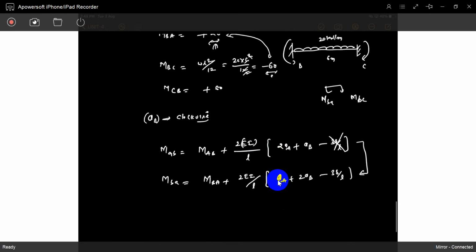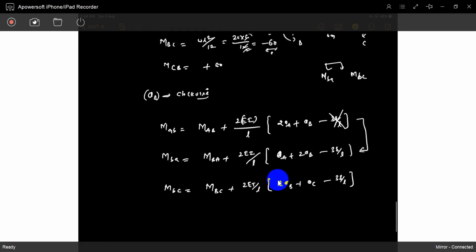For BC span, MBC is the fixed end moment MBC plus 2EI by L, 2 theta B plus theta C minus 3 delta by L. MCB is the fixed end moment MCB plus 2EI by L, theta B plus 2 theta C minus 3 delta by L. These are the 4 equations for AB span and BC span.